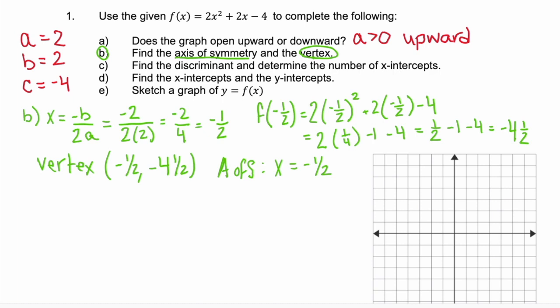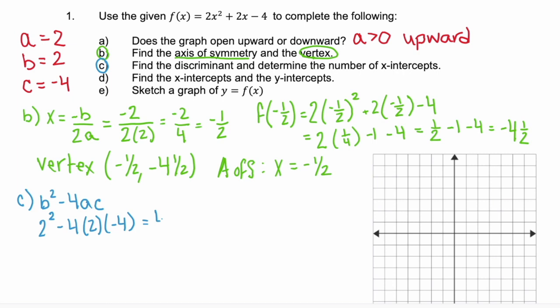Now let's look at part C. Find the discriminant and determine the number of x-intercepts. Well, we know our discriminant is b squared minus 4ac, or here 2 squared minus 4 times 2 times -4.